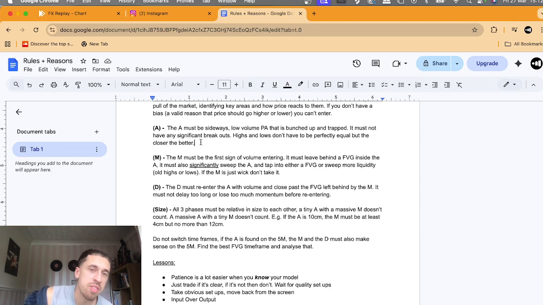For example, the A has lower volume than the M. The M gives the volume and it significantly goes past the A. It has a job to do, so it taps into either an FVG or it sweeps liquidity. And then the D needs to come back without hesitating. So re-enter with volume, close past. It must not delay too long or lose too much momentum before re-entering. AKA, it shouldn't hesitate.